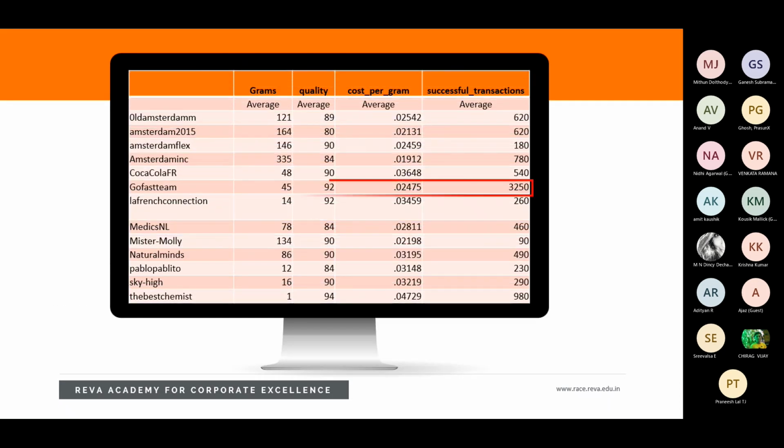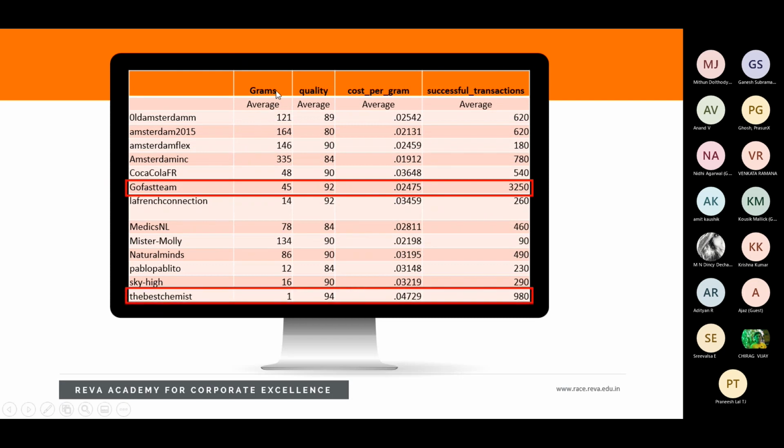Let me scroll down. Now look at this. When we compare two people, in the y-axis, I've taken all the scale variables like grams, quality, cost per gram, successful transactions, and I've got two sets of people: Go Fast team and the best chemist. Look at when it comes to grams, 45 grams is what he's selling. 45 grams is on the higher side. Compare it with the best chemist, only 1 gram.